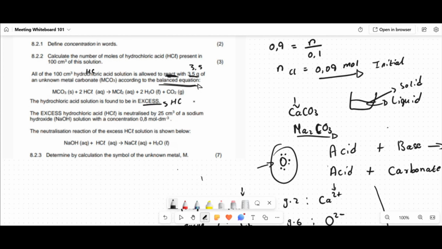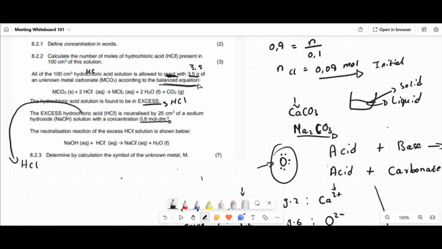Now the excess HCl is neutralized by 25 cubic centimeter of sodium hydroxide solution with concentration of 0.8 mole per cubic decimeter. When they talk about neutralization, they're talking about titration, because when we neutralize something, we need to reduce its strength. You know that HCl is a strong acid.